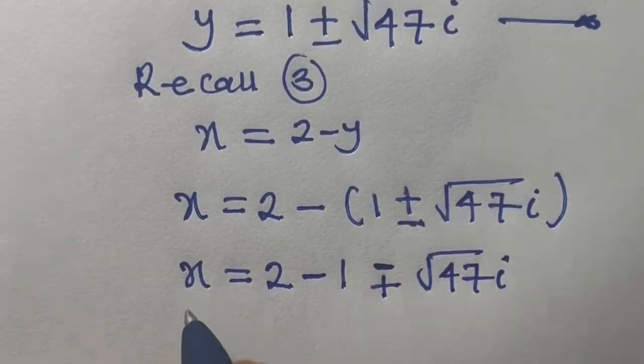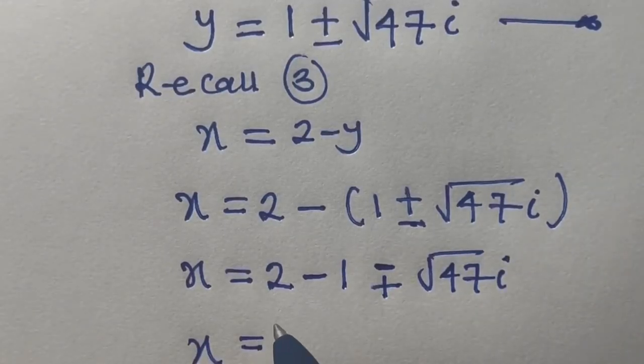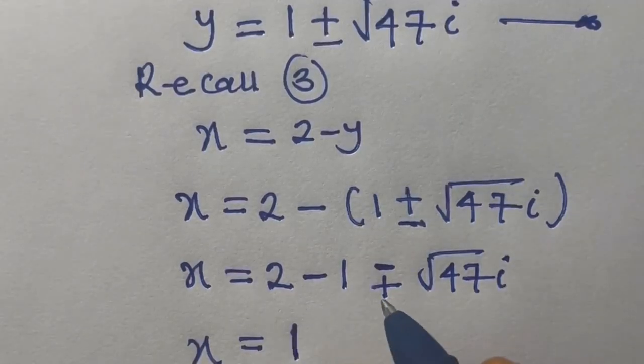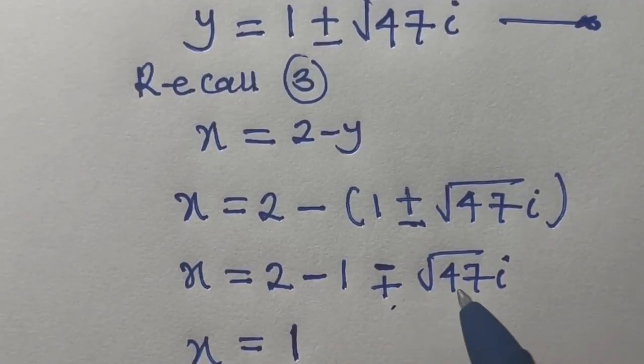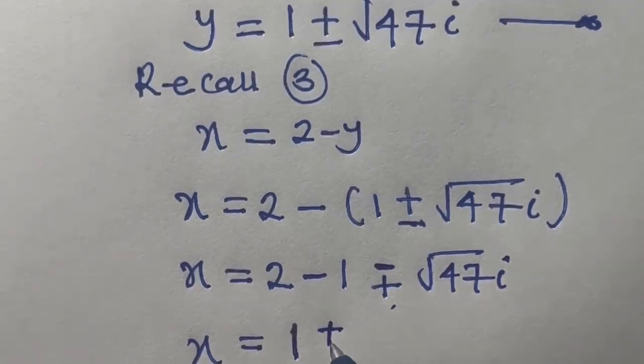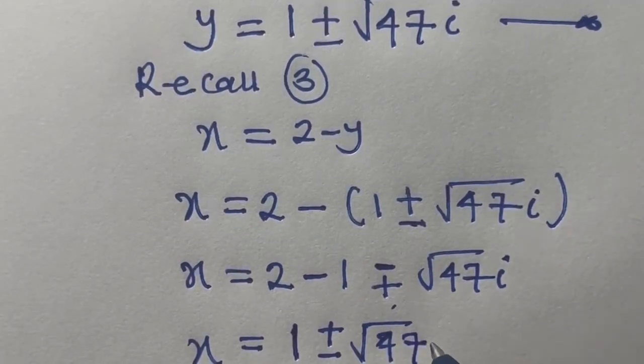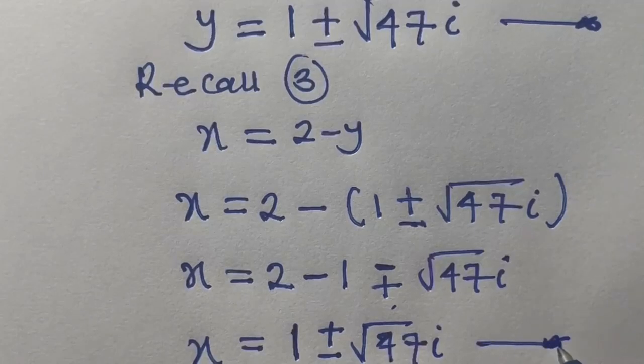So therefore, we will have x equals 2 minus 1, that is 1, right? But plus or minus square root of 47 i is still the same as plus or minus square root of 47 i. So these are the values of x.